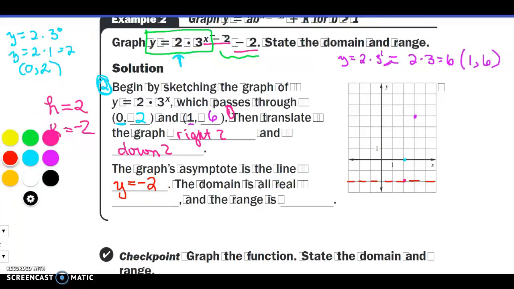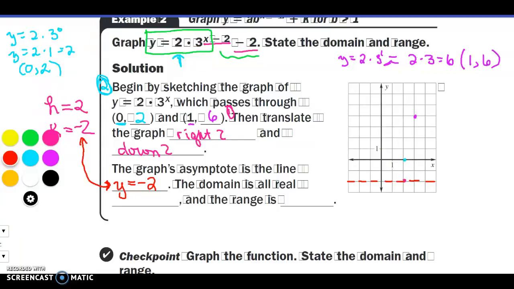So if you're paying attention to this, the k value will always be the equation of the asymptote. So I'm going to say that again. Your k value, because that shifts the graph up and down, will always be the value of your asymptote line. And you always want to draw that asymptote with a dashed line.